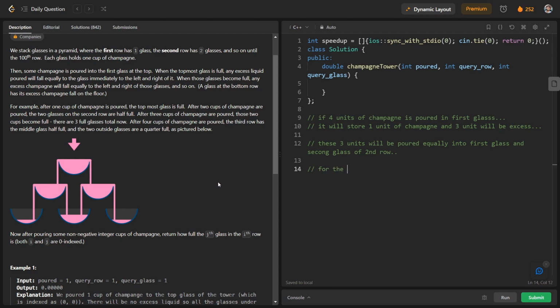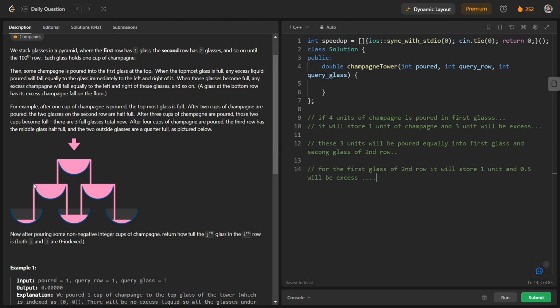So for the first glass of the second row, it will store 1 unit, and 0.5 units will be excess, and this excess amount of champagne will be further poured into the other two glasses.